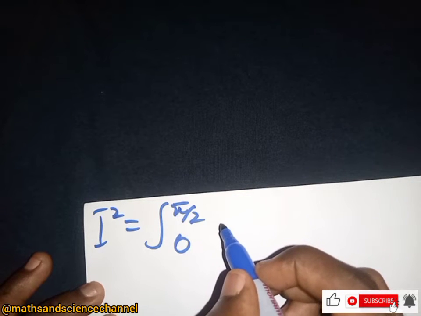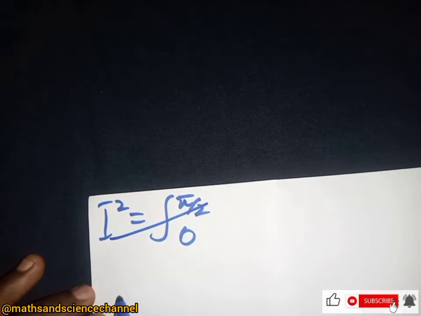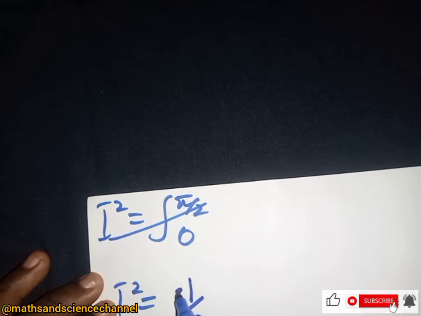So let's do it this way. Our I squared, we are just going to bring the negative 1 over 2 outside.